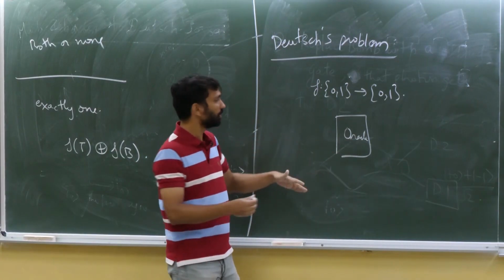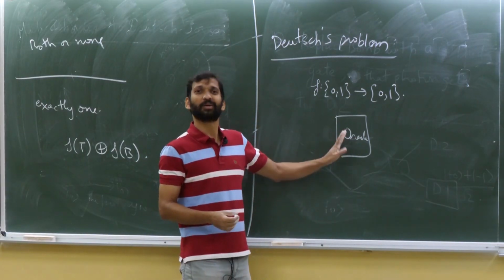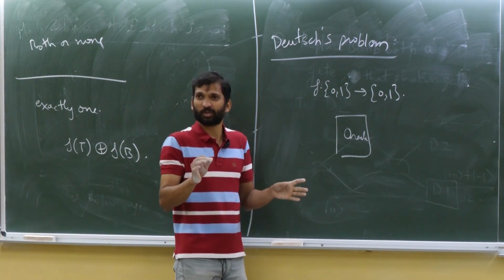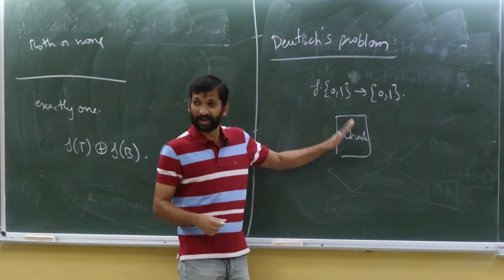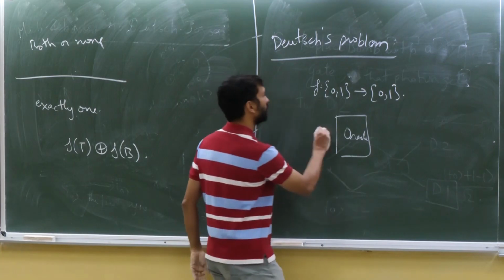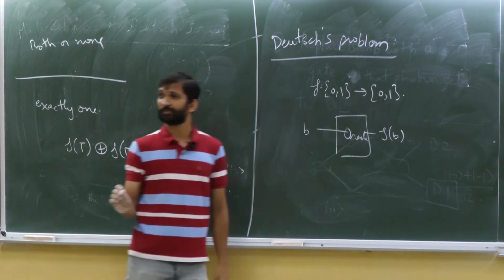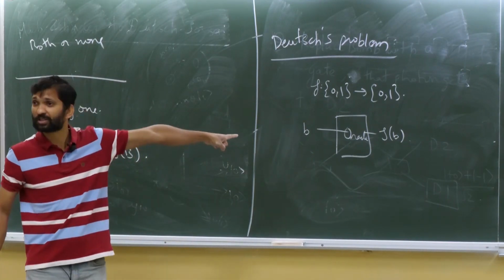So oracle basically means you don't know the workings of it computationally, but it will work. It is like a subroutine. Okay, but you're not allowed to look inside it. So this is an oracle which hides this function. So you give it b, it will answer f of b. Okay, your job is not to compute f. F is given to you as an oracle.